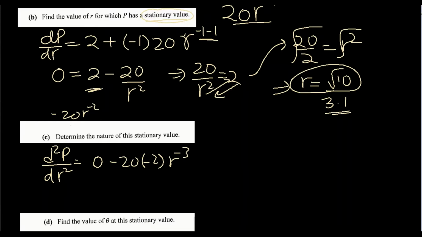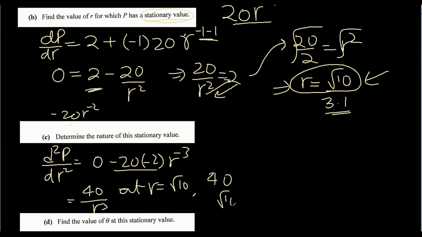So it will be positive 40 over r cubed. This is the second derivative, but we have to substitute the value of r. So at r equal to square root 10, it will be 40 divided by square root 10 cubed.